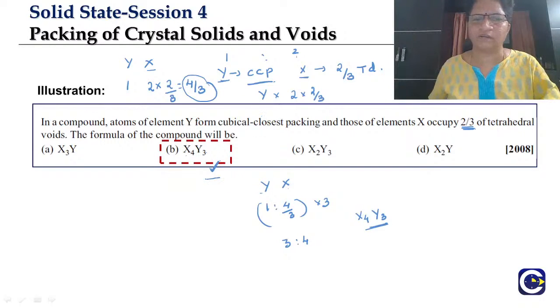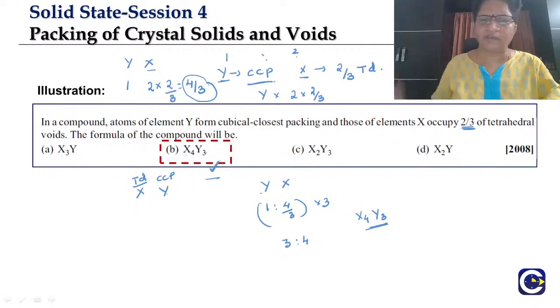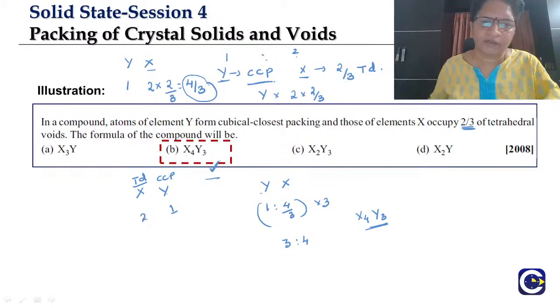X4Y3? See, CCP structure and the tetrahedral voids. This is forming a CCP, this is forming a tetrahedral void. Initially, if you remember, I said consider this as 1, the number of tetrahedral voids will be 2. But how many tetrahedral voids are occupied? Only 2/3 of it is occupied. It's equal to 4/3:1.